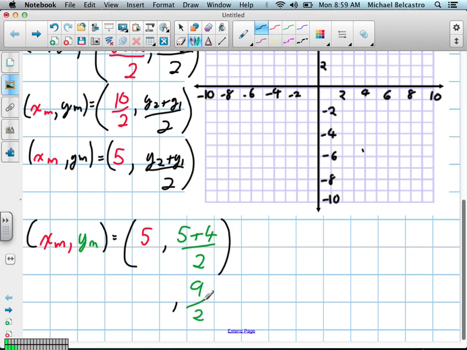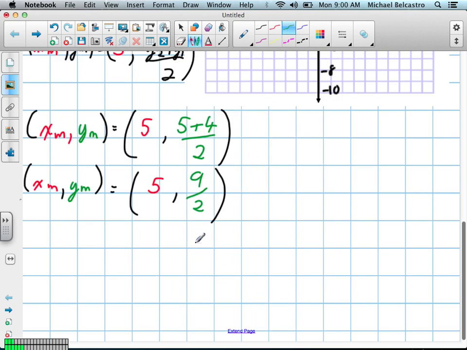We'll bring down everything else. I'm going to try to keep them color-coded for you. And finally, what is 9 divided by 2? 4.5. Excellent. 4.5. So the midpoint of this line segment was at 5 and 4.5.